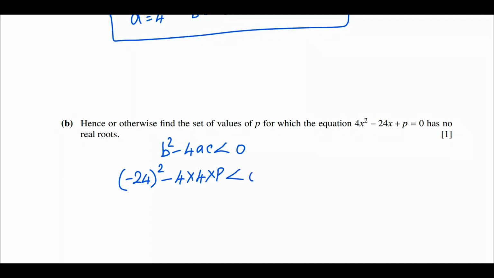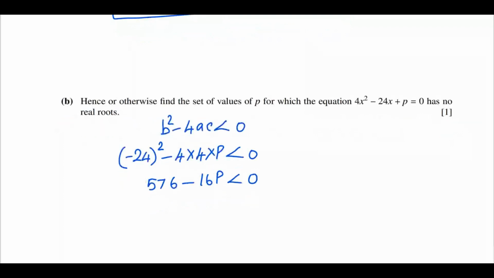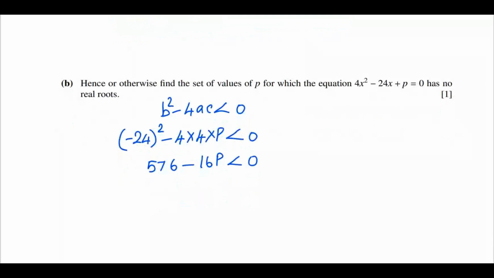So 24 square is 576 minus 16p is less than 0, or this can be written as 36 minus p. If you divide both the sides by 16, you'll get 36 minus p is less than 0.